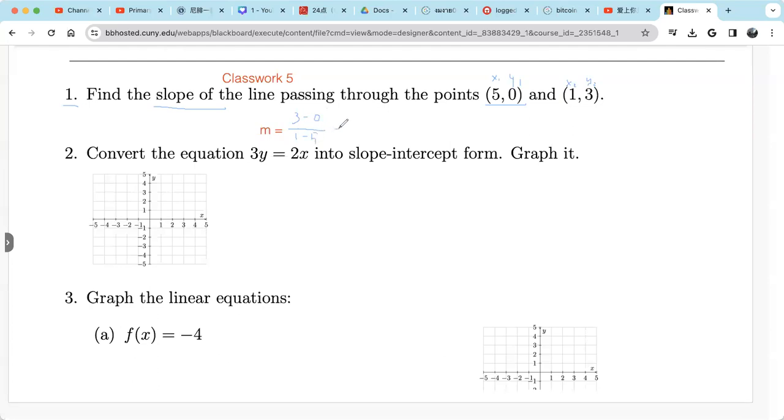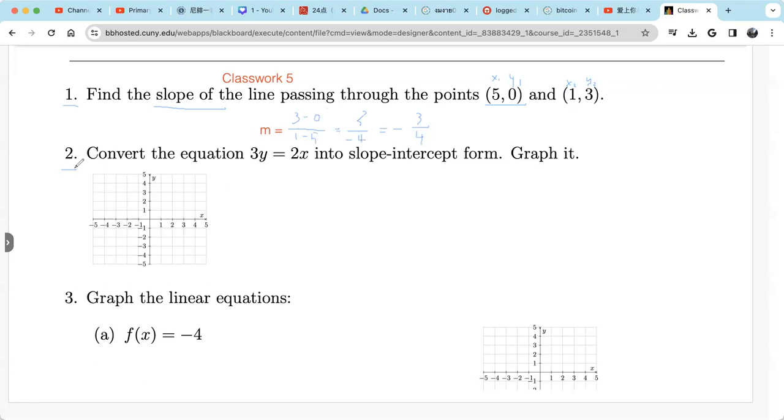Right? 3 minus 0 is just 3, and 1 minus 5 is -4. And usually this -4, we want to write up front. So the slope of the line passing through those 2 points is -3/4.